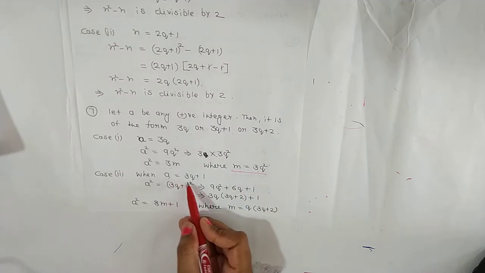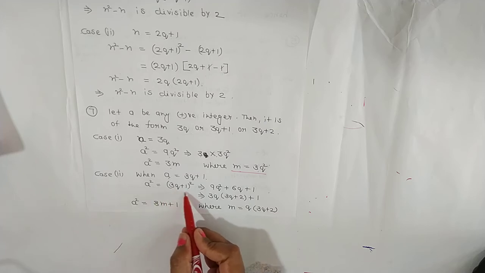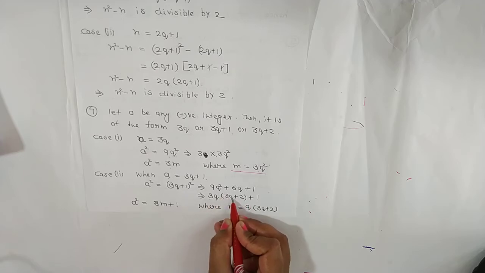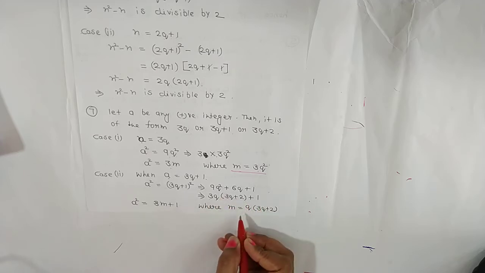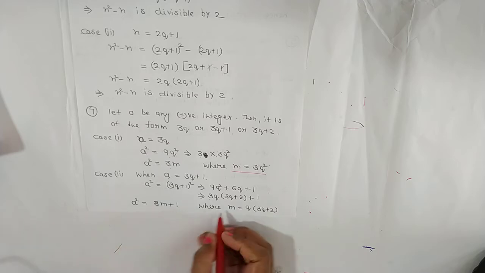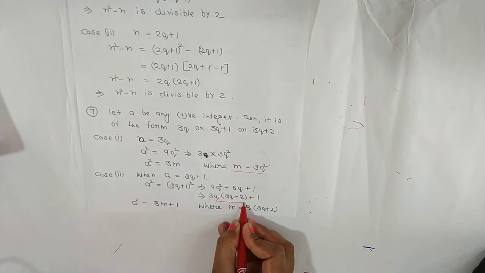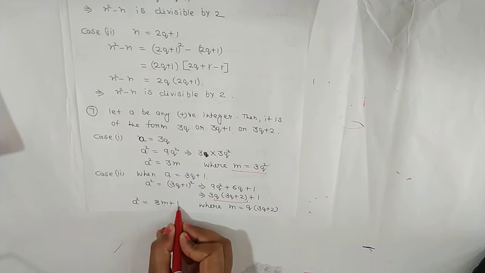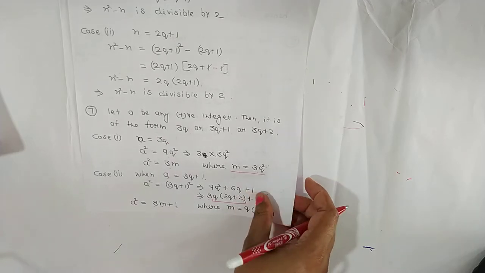Now when a is equal to 3q plus 1, when we square it and solve, the answer will be 3q in bracket 3q plus 2, plus 1. So let us consider this as the m value, so it can be written as 3m plus 1. Okay.